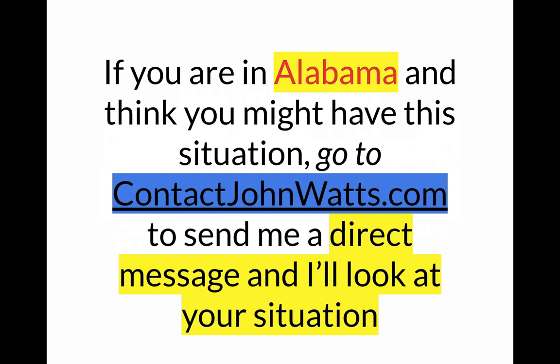And let me look at that situation. Now, if you're in another state that's non-judicial, get with the lawyer there. And if they want to get me involved in the case or you want them to get me involved, I'm always happy to talk with lawyers about that and folks in other states. But we have to look at what exactly the rules are, what your mortgage says in your particular state.